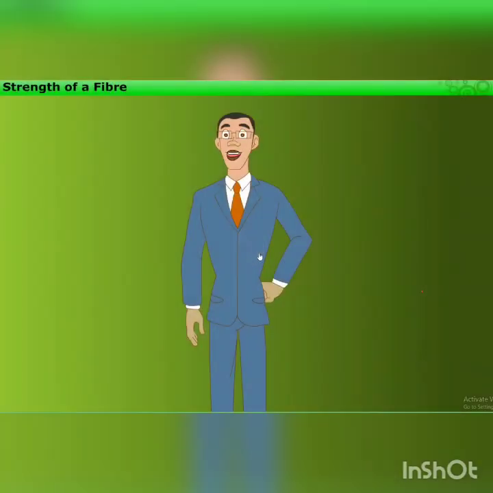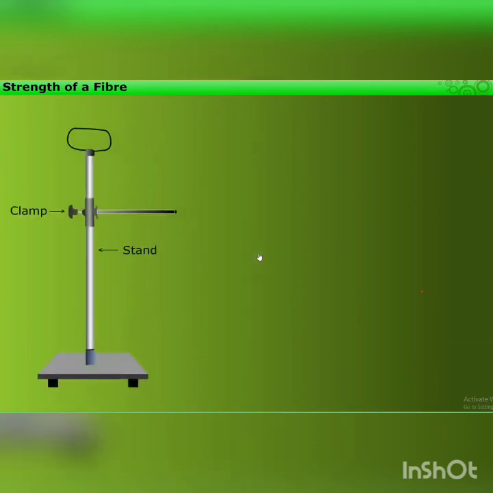Strength of a fiber. Let us perform an activity to find out the strengths of different fibers. Take an iron stand with a clamp. Take 4 threads of different materials like cotton, wool, silk, and nylon, each of about 60 centimeters in length. Now take the cotton thread and tie it to the clamp so that it hangs freely.